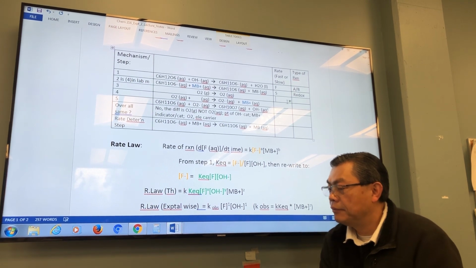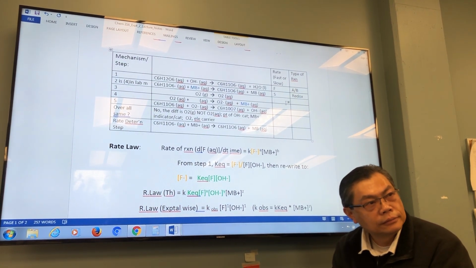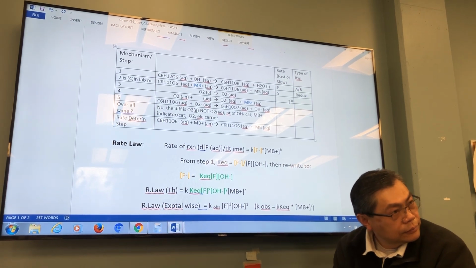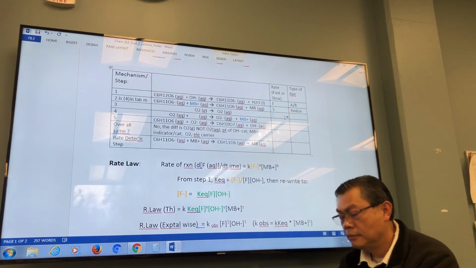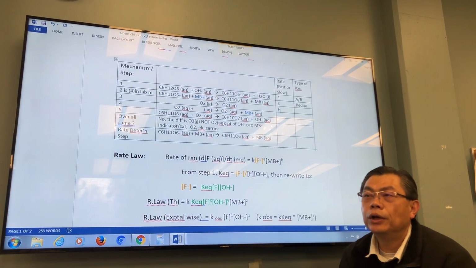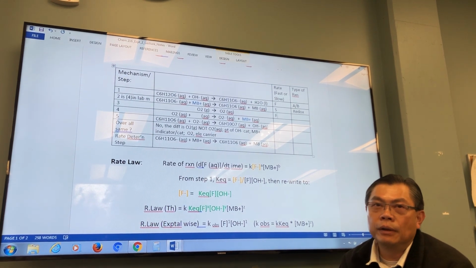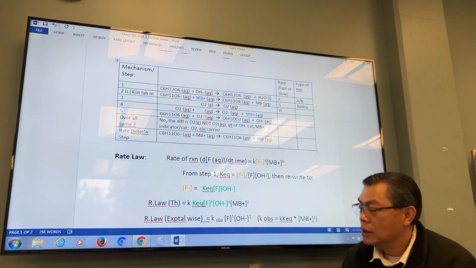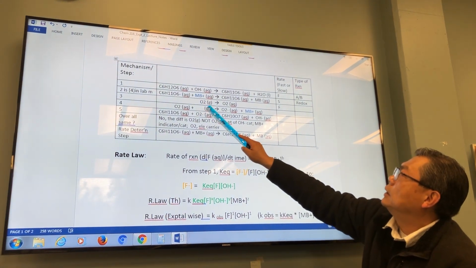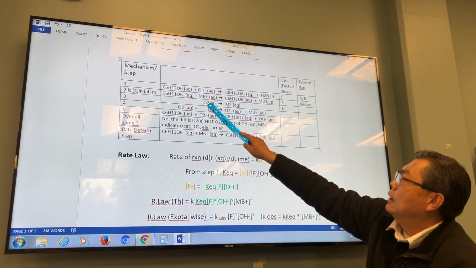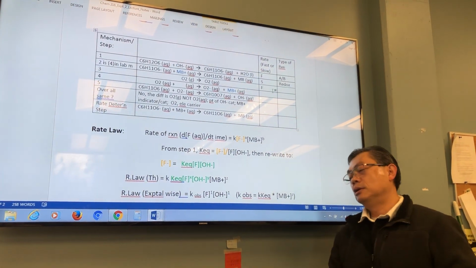What about this step, fast or slow? Fast. How do you know? Now we did not do an experiment about this step actually. This step is about oxygen from the air, the atmosphere, dissolving in the water.